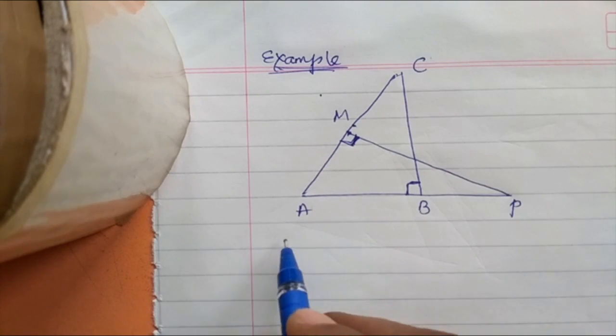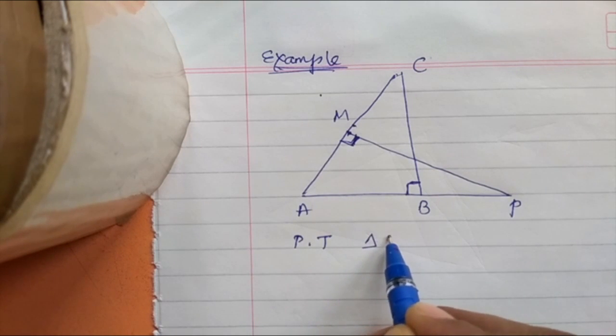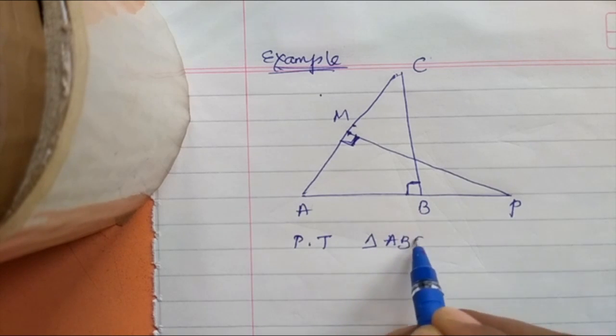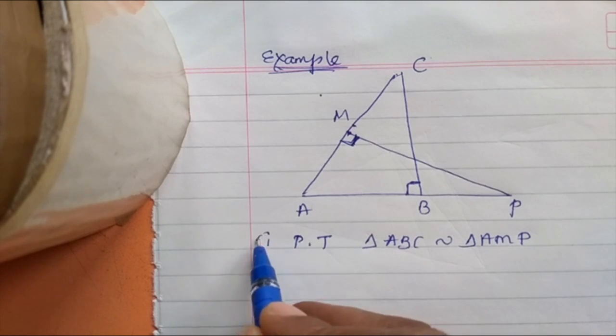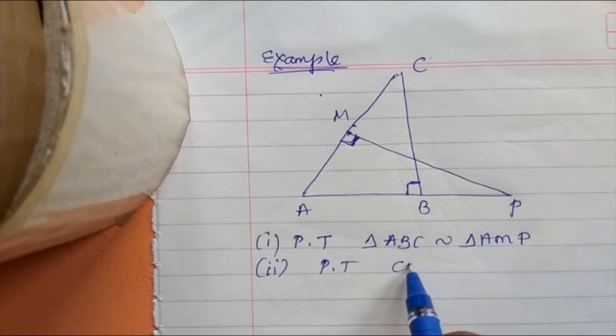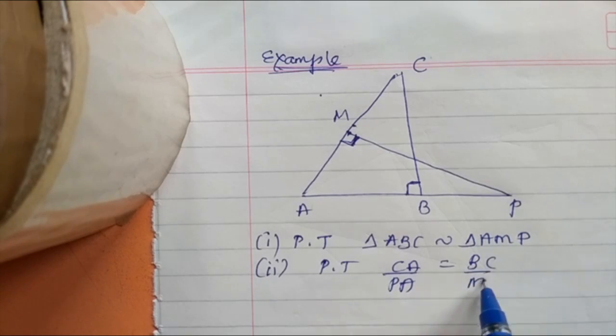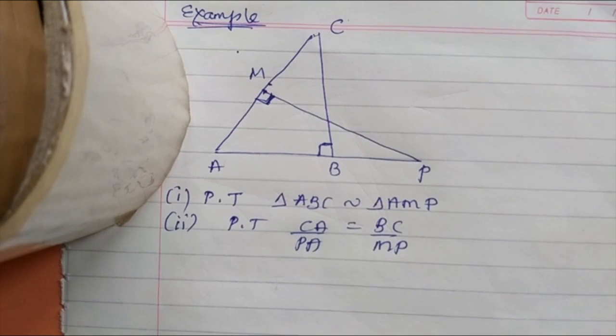In this, prove that triangle ABC is similar to triangle AMP. This is the first sub-question. Second sub-question: also prove that CA by PA is equal to BC by MP. This is also a 3 to 4 marks question.